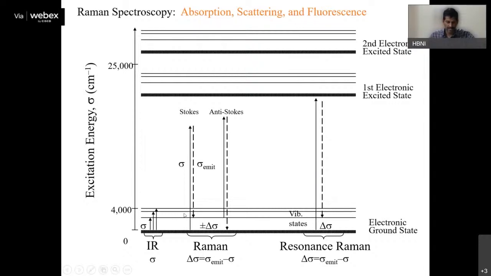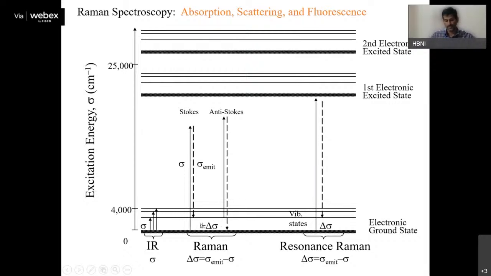energy of this light, and based on this change, one can find out the energy difference between these vibrational levels. And if your starting state is an excited state and the final state is a ground state, then you get an anti-Stokes, and the output photon has higher energy.